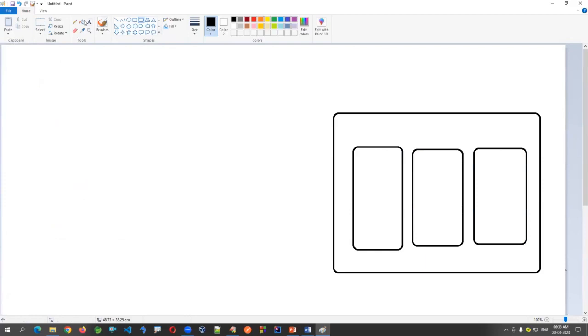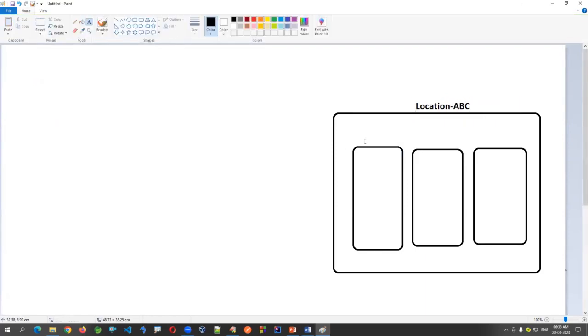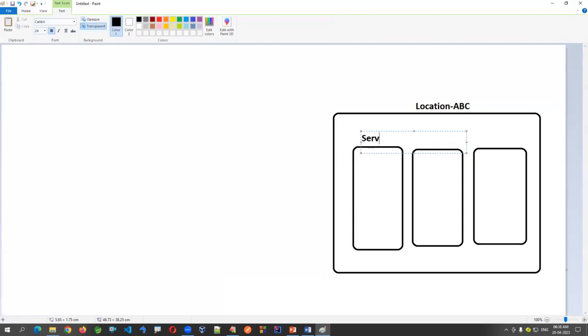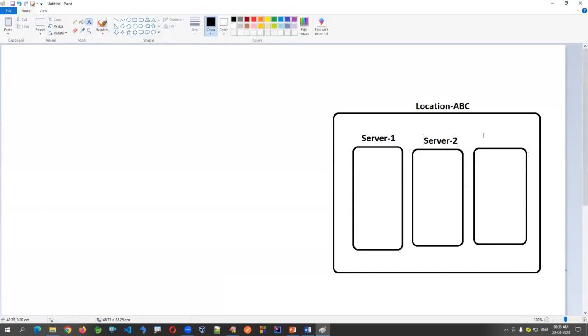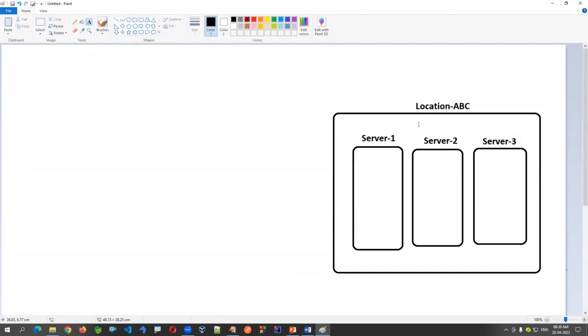By investing some $1 million in a location, some location ABC, I have installed some servers here. The servers are physical servers. We can also call it hardware.